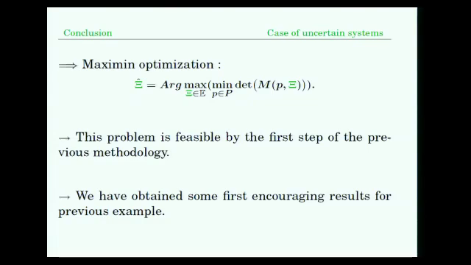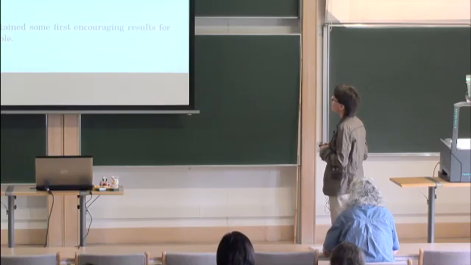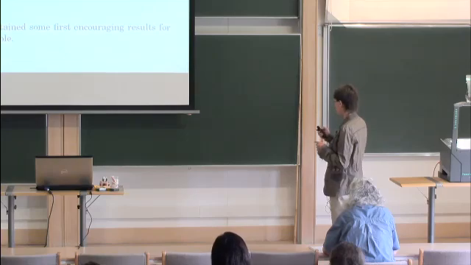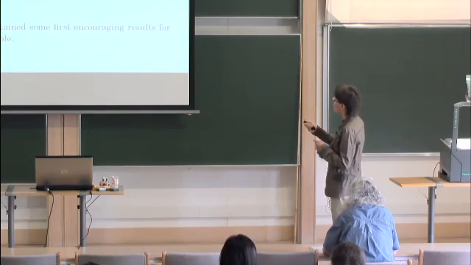Thus, the criterion to be optimized to obtain an optimal input is not the trace of the inverse of the matrix, but the determinant of M. But in the case of uncertain systems, it is possible to pose this problem as a maximin optimization given by this form.